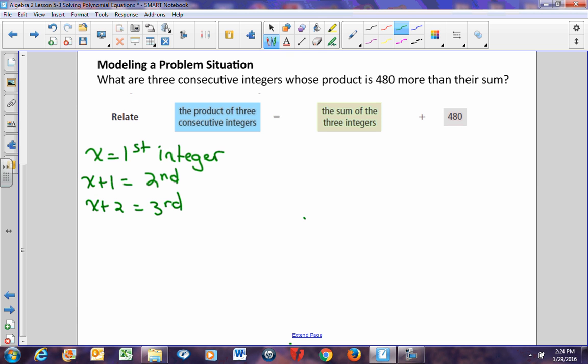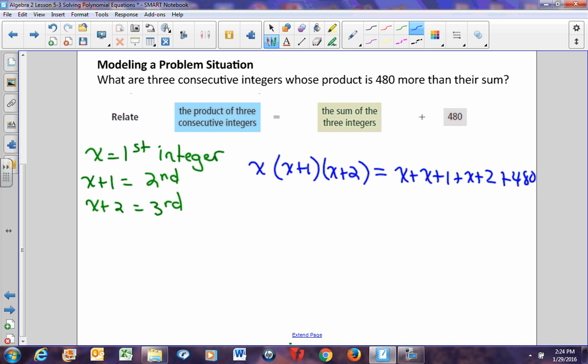So product means multiply them together, which means essentially x times x plus 1 times x plus 2 has to equal the sum of them, x plus 1 plus x plus 2 plus 480. So the product of those three consecutive integers has to equal the sum of those three consecutive integers increased by 480.